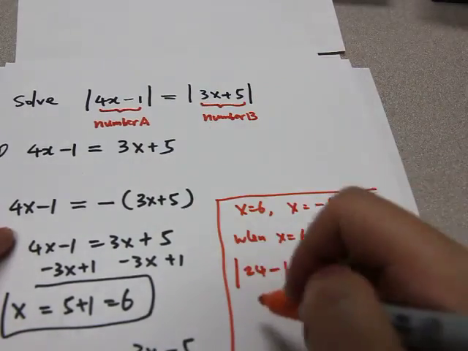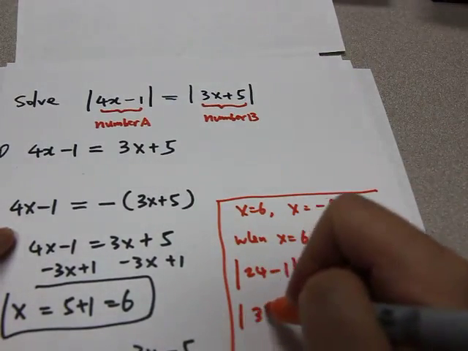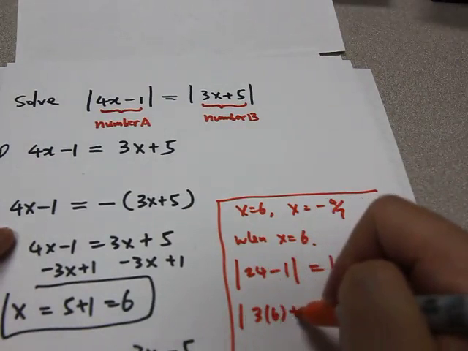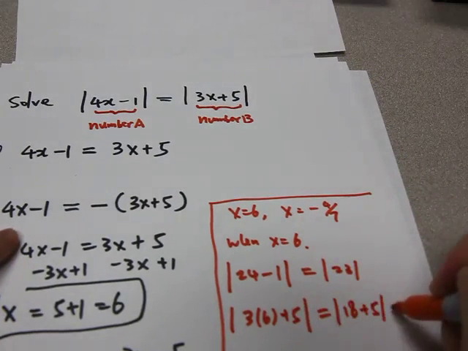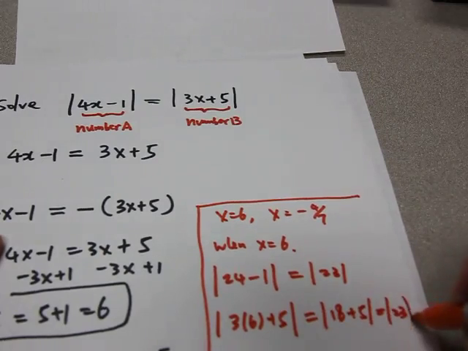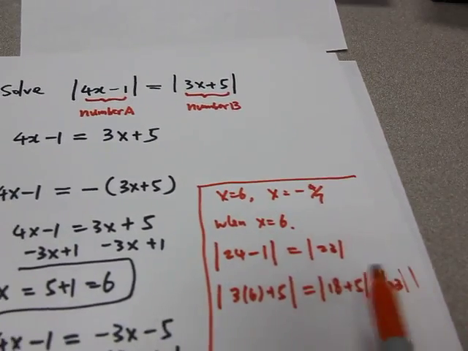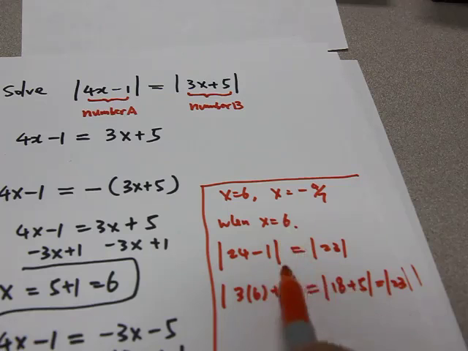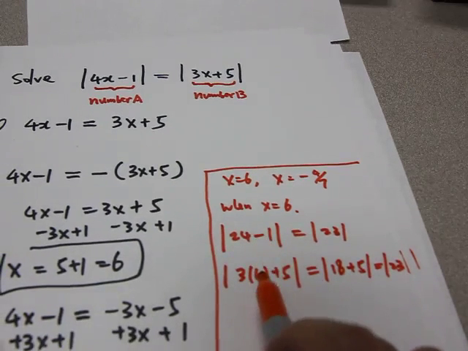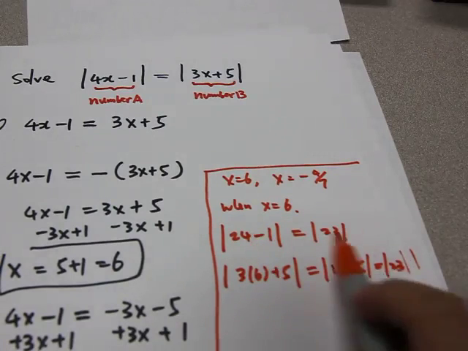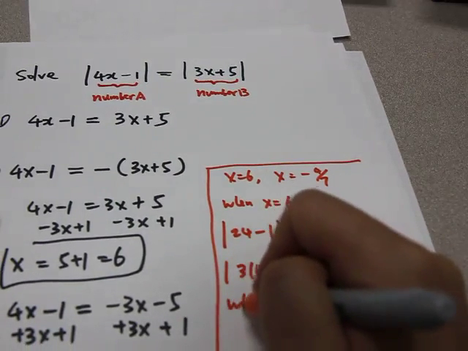And the right-hand side is 3 times 6 plus 5, which is 18 plus 5, which is the absolute value of 23, right? So when x equals 6, the numbers inside the absolute value are both positive 23, right?